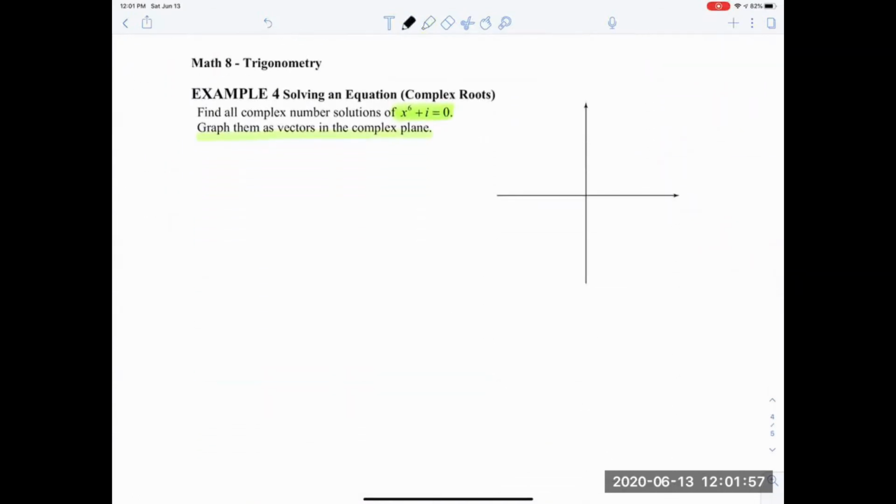All right, so let's see how we do that. Essentially, they ask you to find all complex roots. So if I am looking at this equation, that becomes x to the 6 equals negative i.